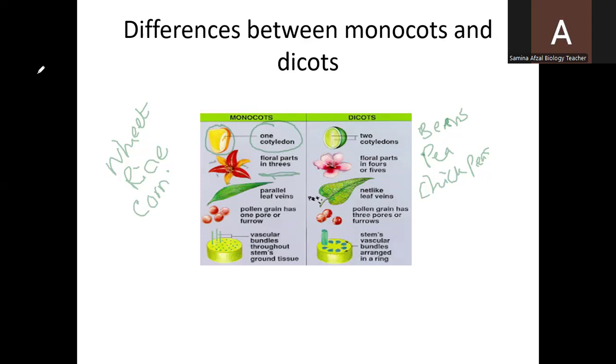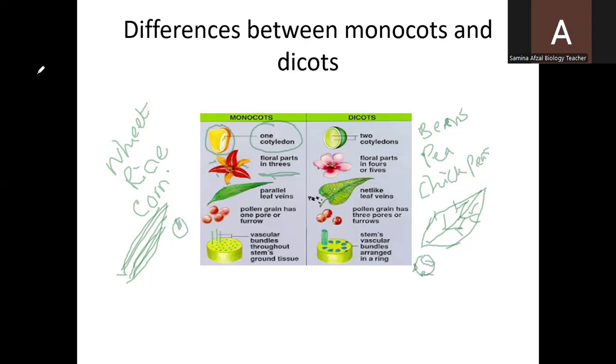In dicots, floral parts are in fours or fives, so there will be 4 petals or 5 petals. And parallel leaf veins mean the veins run in this way, or here you can see on the leaf a network of veins. Pollen grains have one pore or furrow in monocots, but in dicots, 3 pores or furrows are present.